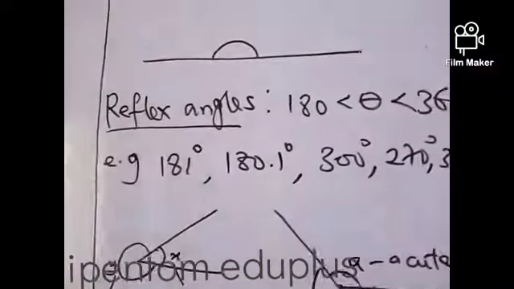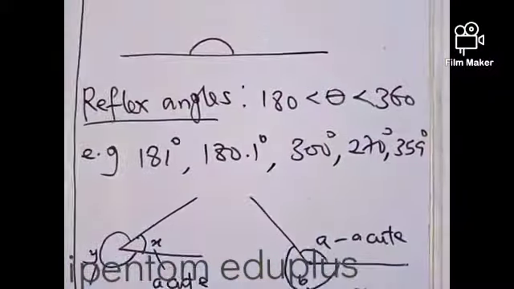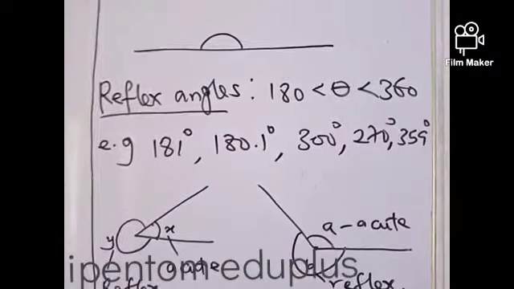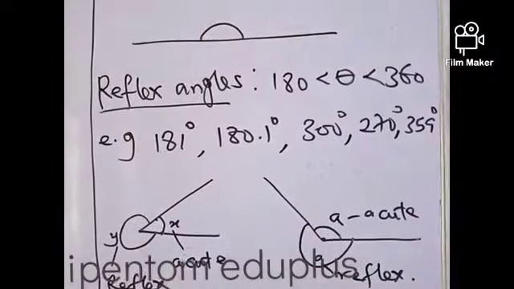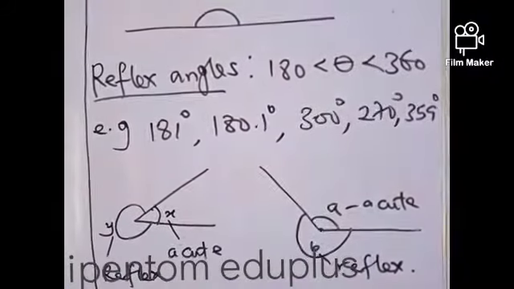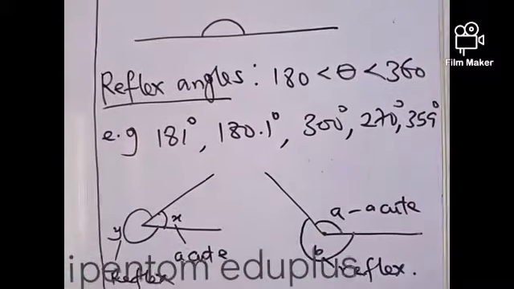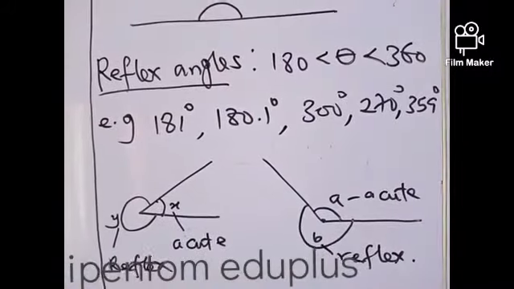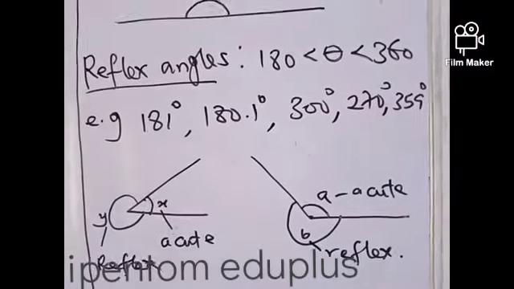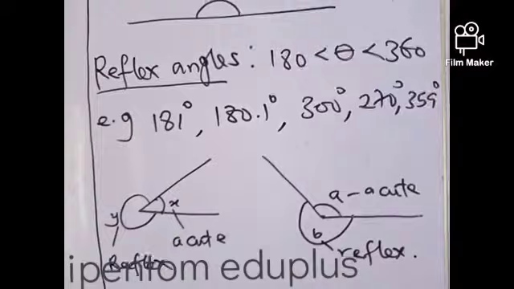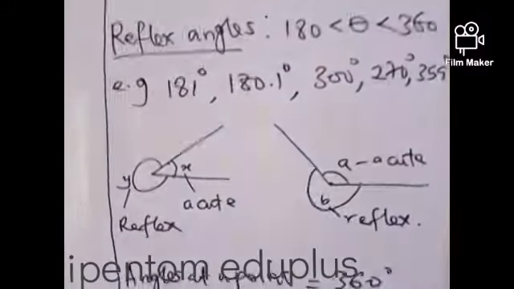Reflex angle is usually between 180 degrees and 360 degrees. So a reflex angle is an angle greater than 180 degrees but less than 360 degrees. Examples: we have 181 degrees, 180.1 degrees, 300 degrees, 270 degrees, 359 degrees, and so on. You can see an example there.